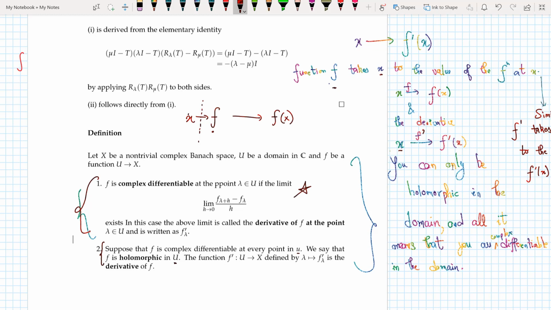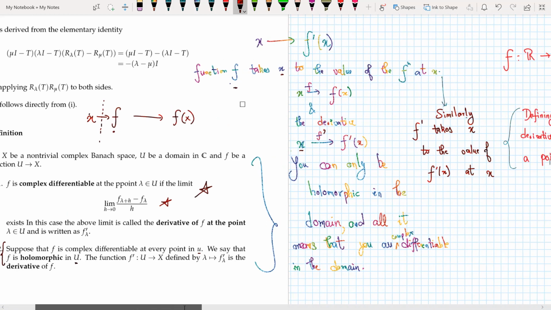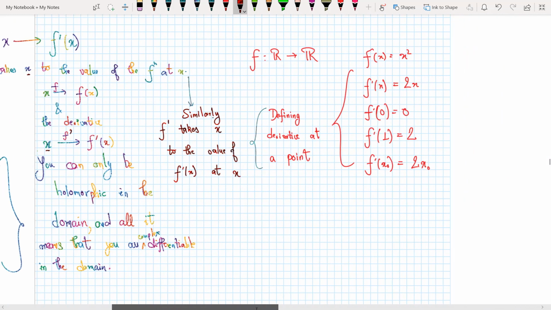And complex differentiation just means this thing. And the function f dash from U to X, defined by lambda going to f dash of lambda, is the derivative of f. So that's basically what I mean by holomorphic functions.